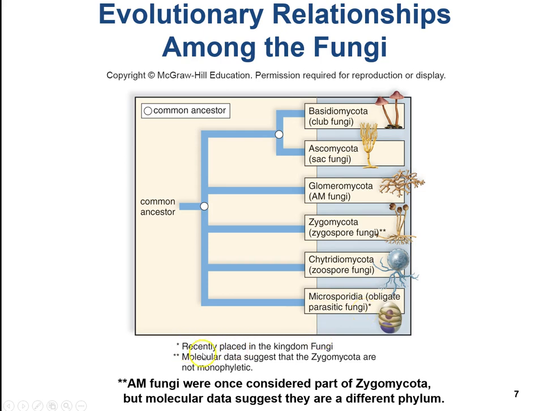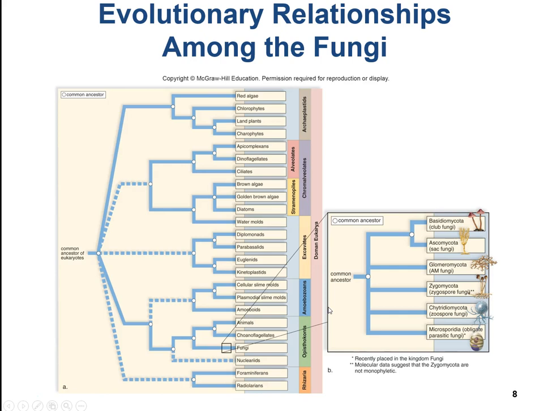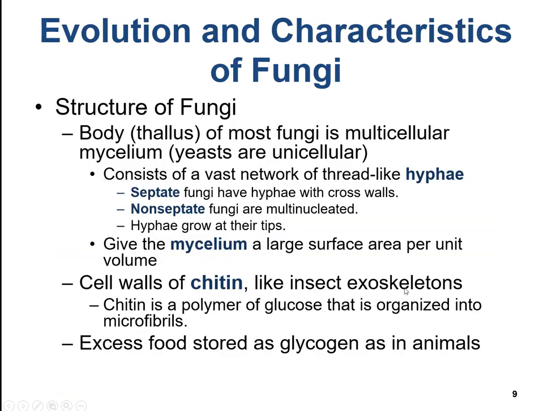And so if you look here, too, in terms of the star, that these guys were recently placed within the kingdom fungi, okay? And we'll talk a little bit about them. And we actually didn't even talk about these when we did the fungi lab, or when we're going to do the fungi lab. All right, so again, here's where we're at, right? Here's fungi, and now we're talking about the different groups of fungi.